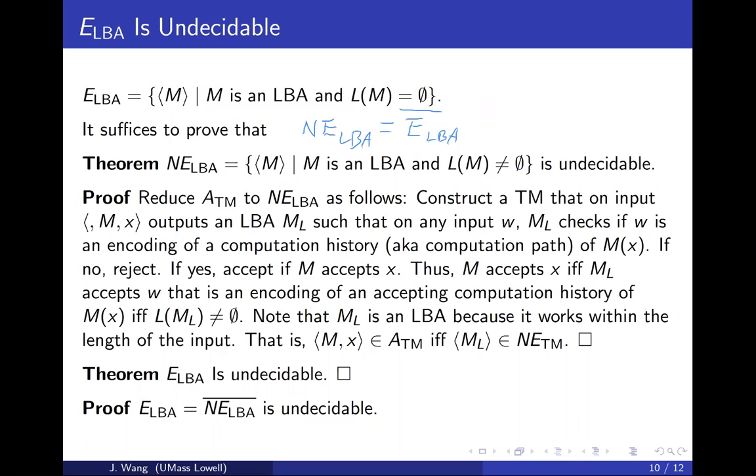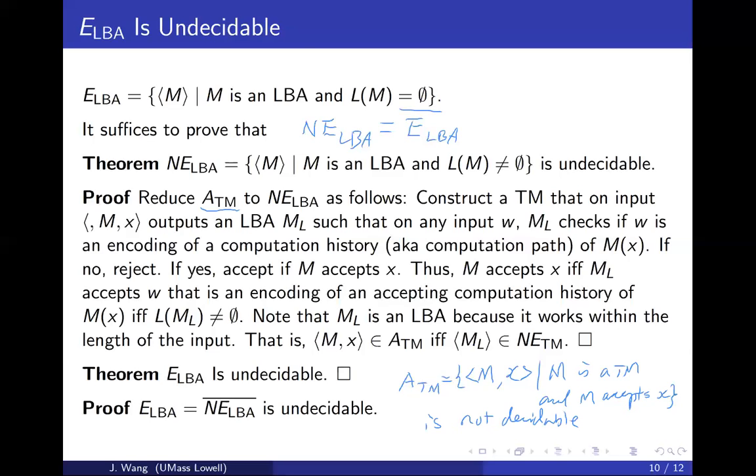So remember that A sub TM is the set of inputs consisting of an encoding of a Turing machine M and an input X to M, where M accepts X. So we know that A sub TM is not decidable.